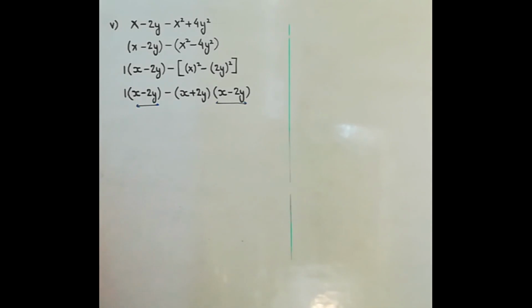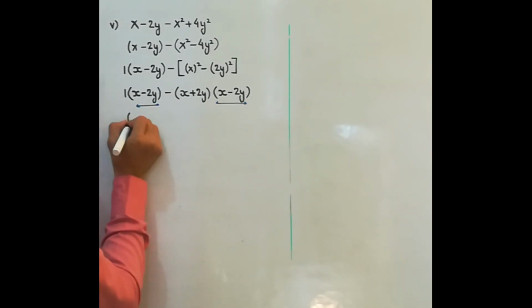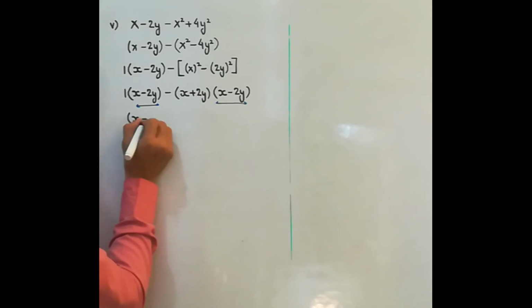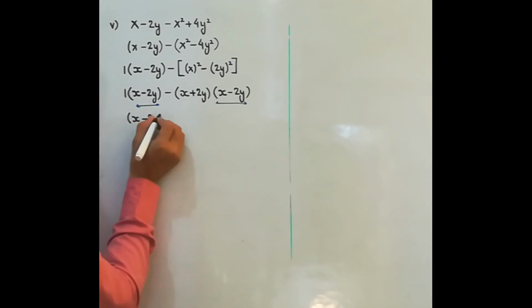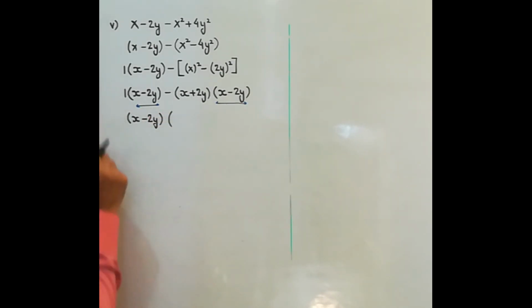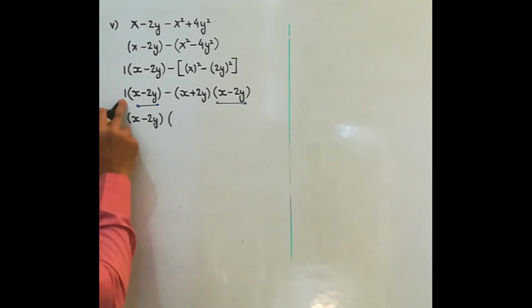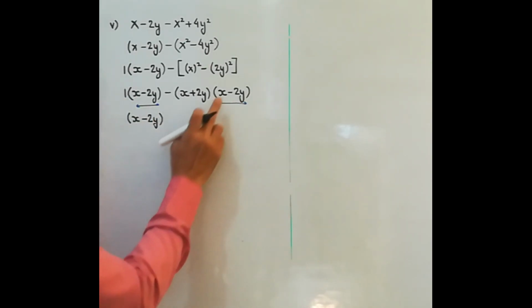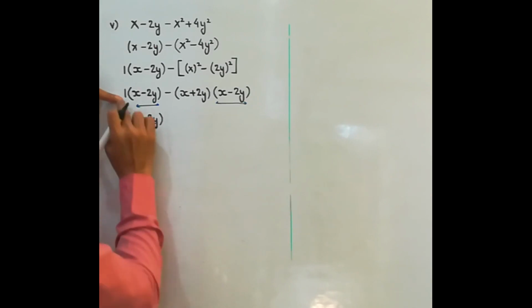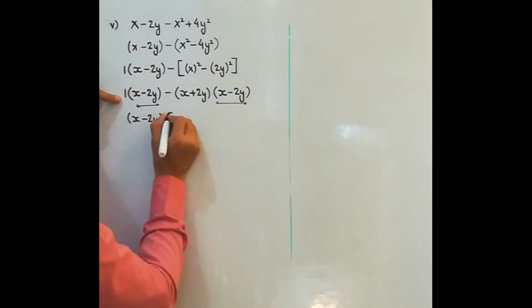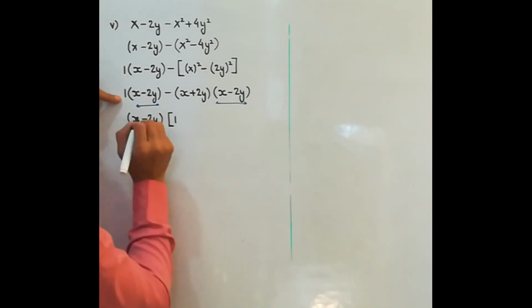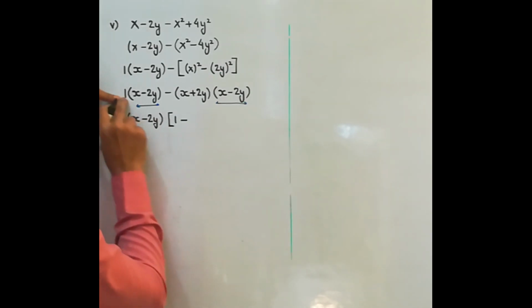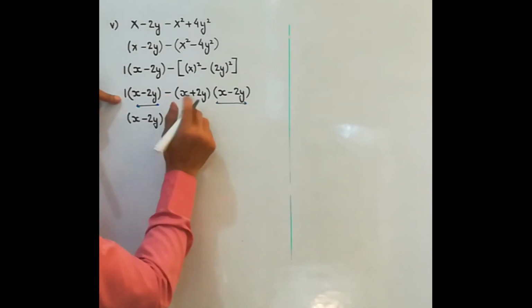Now if you take these two common, see, from here you are left with 1. See, we have taken x minus 2y common. So from here we are left with 1 minus, this is 1, this is your minus and you are left with this.